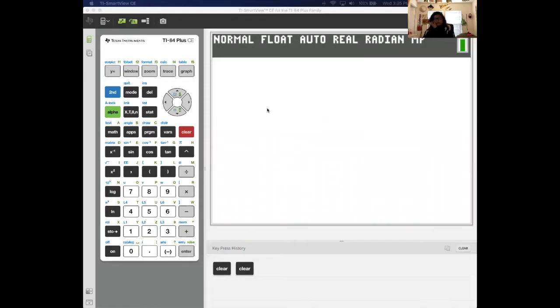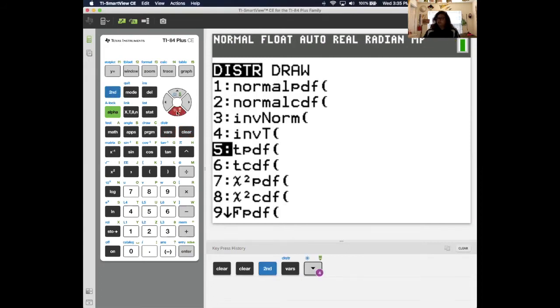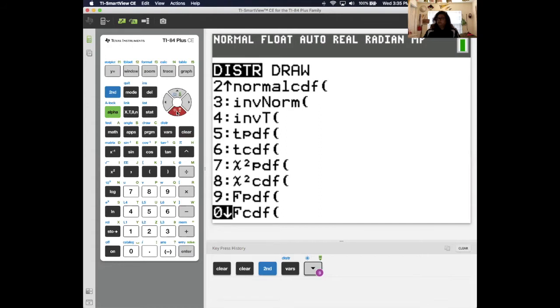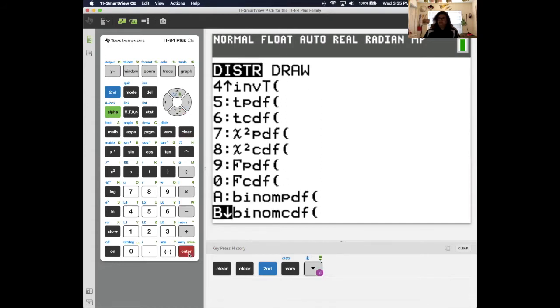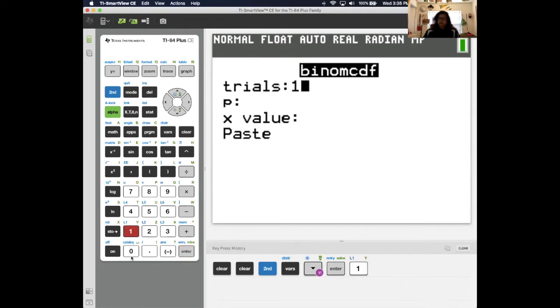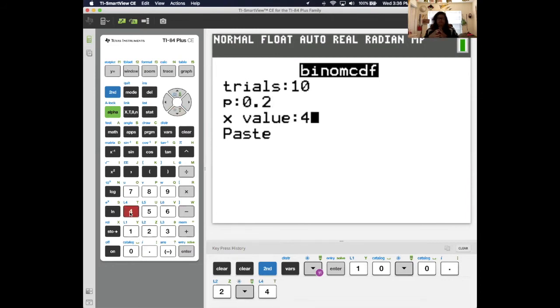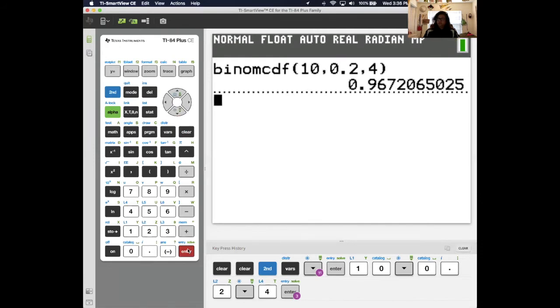We're here on our calculator screen. You're going to hit second and distribution and go down until you see binomial CDF. In this case, we have 10 trials with a probability of 0.2. Our x value, which is our upper bound, is going to be 4, because remember, we want to subtract out the probabilities from 0 to 4. Then hit paste. This means that we have a probability of 0.96.